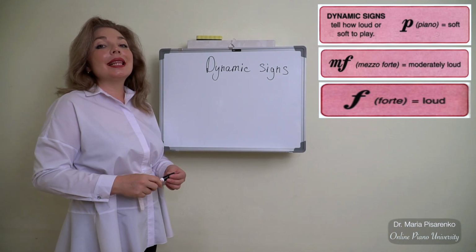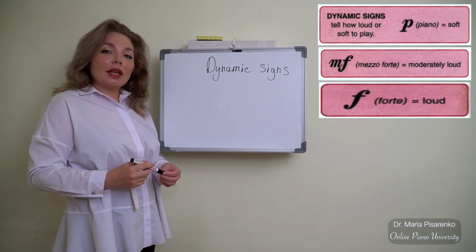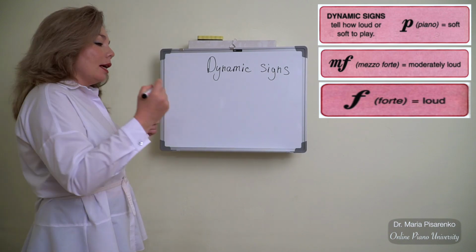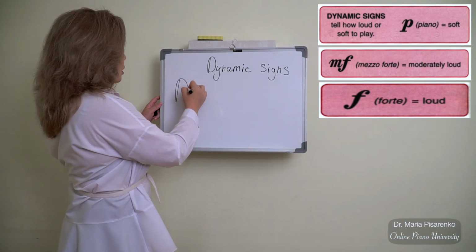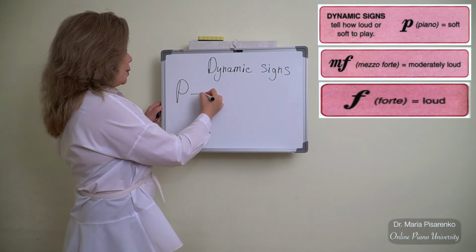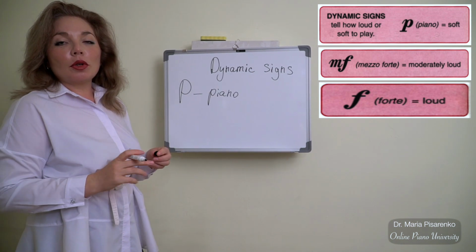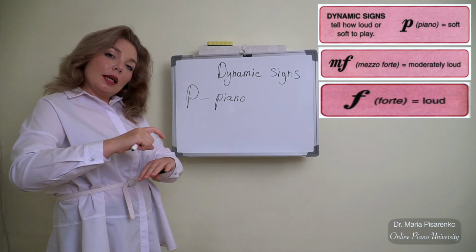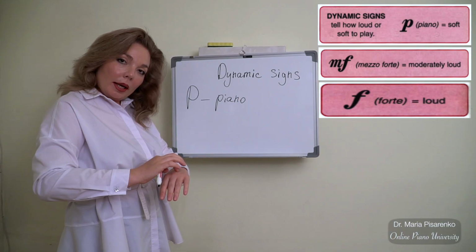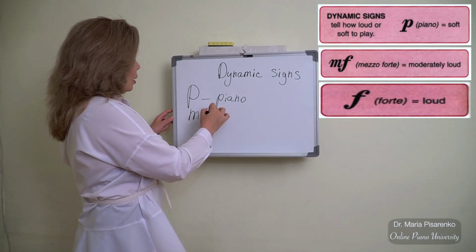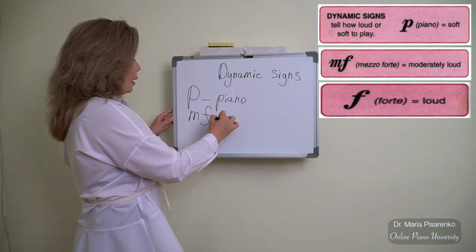They're called dynamic signs. The 3 dynamic signs we are going to learn right now: the soft sign looks like P, letter P, piano. In Italian language, it means soft. So you basically press the key in a soft way. Now, the second sign will be called mezzo forte.